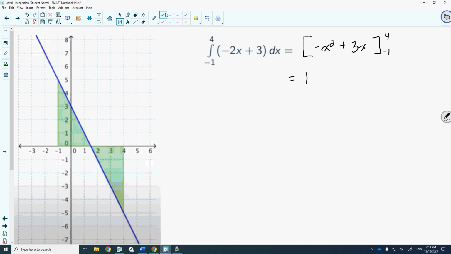According to the fundamental theorem of calculus, it will be f of b minus f of a. A is my lower limit of integration, b is my upper limit of integration. So it's going to be f of negative 1 minus f of 4. Input negative 1. Negative 1 squared will give me 1, and I've got a negative in front, so it's going to be negative 1 minus 3.